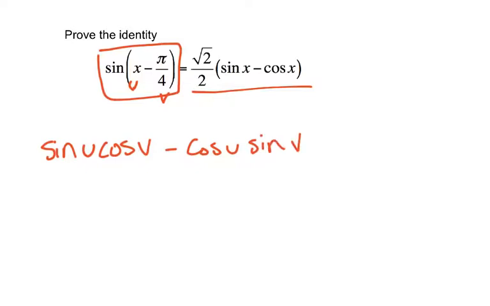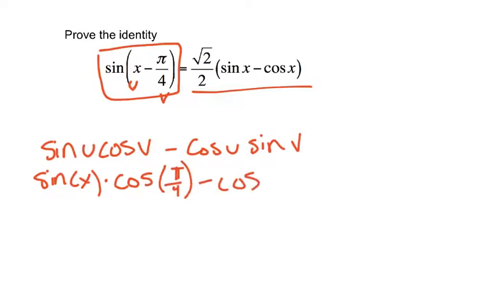So we've got sine of x times cosine of pi over 4 minus cosine of x times sine of pi over 4.